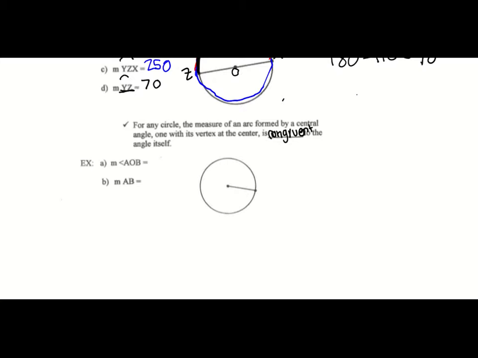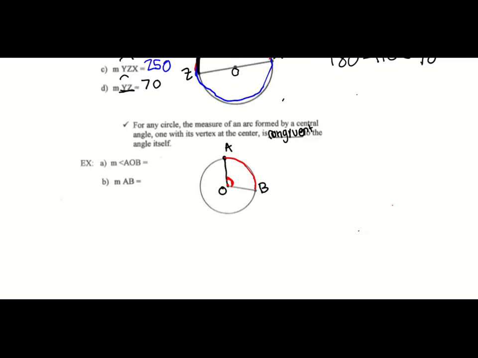If we have point A right here, B, and O. What this is saying above is that this arc right here, arc AB, is going to be equal to this angle right here, since O is at the center.